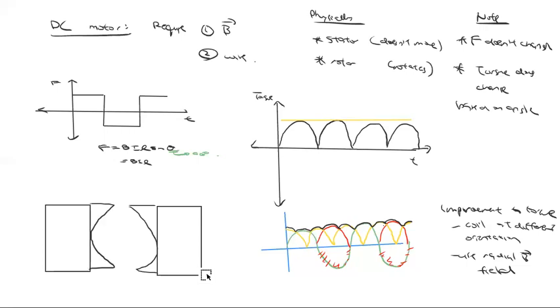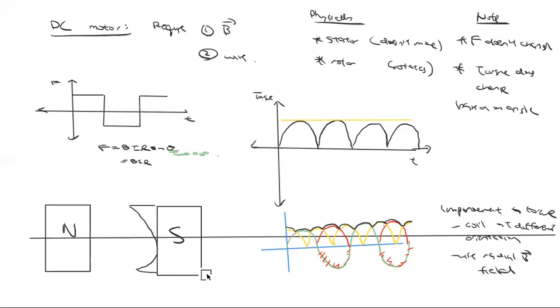So if this is the North Pole and this is the South Pole, then essentially, instead of having the lines going left to right, they're going to, in this case, I'm not sure what's going on there.